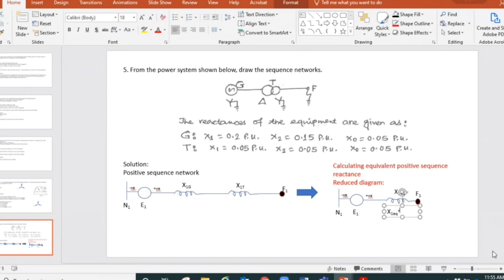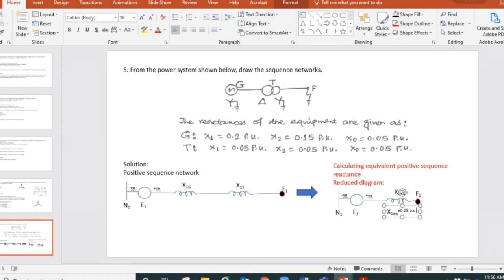Tell me the value of X equivalent. We have X1 of generator is 0.2 and X1 of transformer is 0.05. So it should be 0.25 per unit.